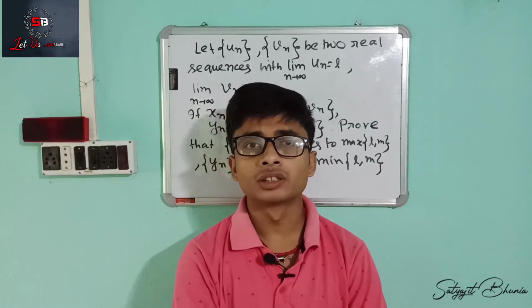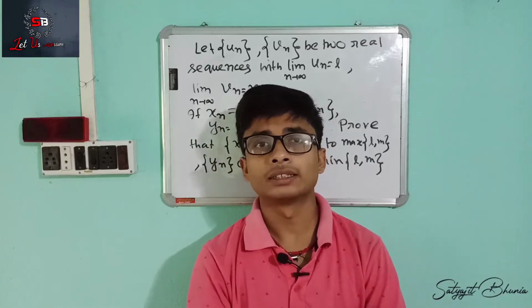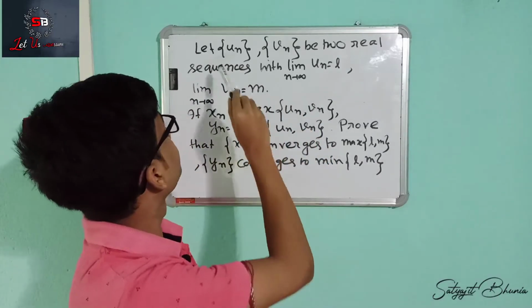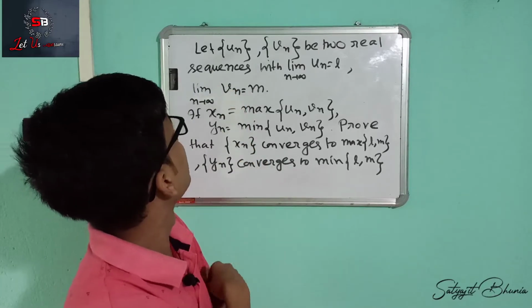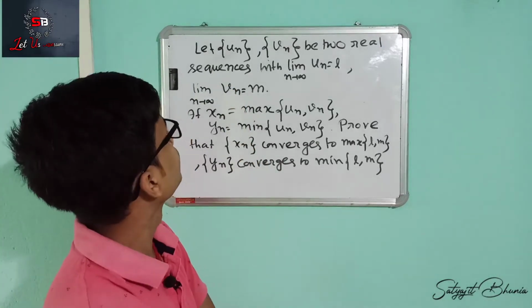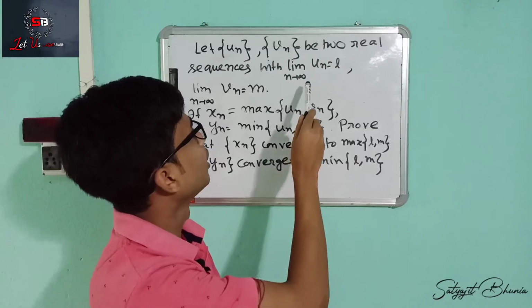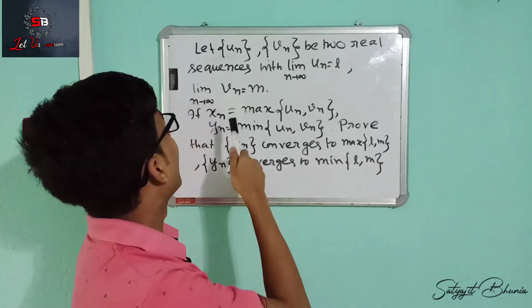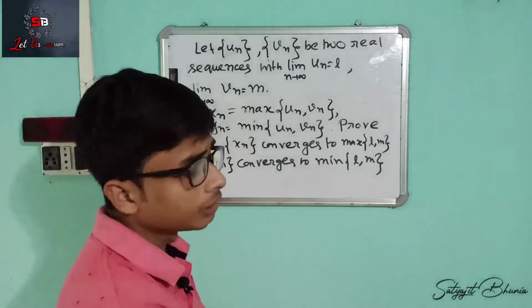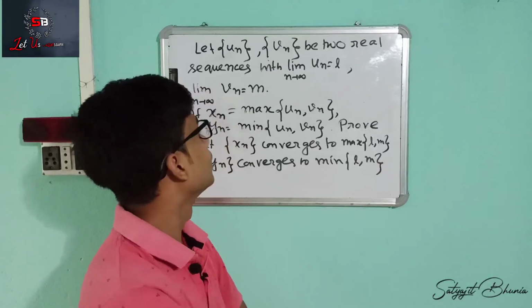Today we are going to solve another example from S.K. Mapa's Real Analysis book, from the chapter on sequences of real numbers, exercise 7. Let un and vn be two sequences with limit of un as n tends to infinity equal to l, and limit of vn as n tends to infinity equal to m.